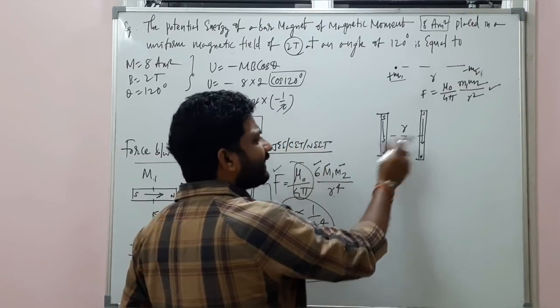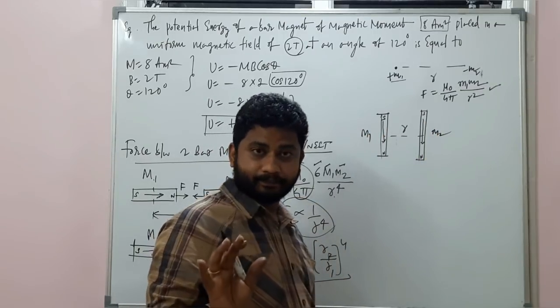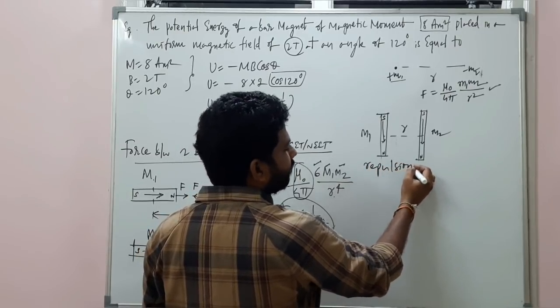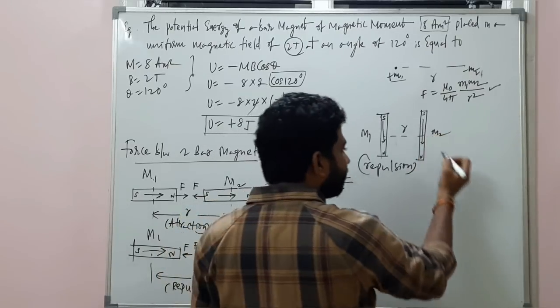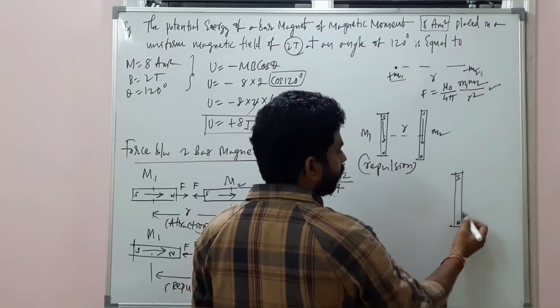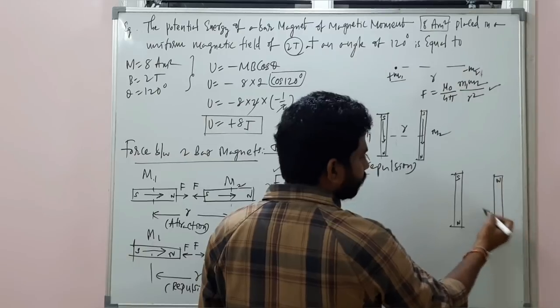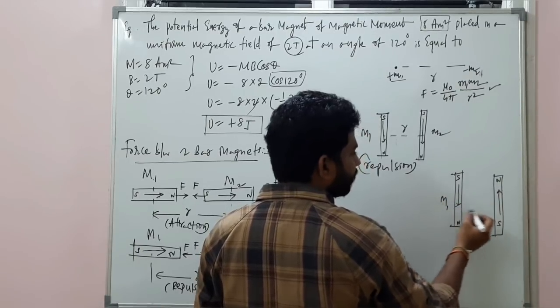As the directions of magnetic moments M1, M2 are same, they repel each other. You need to remember this. And here, south pole and north pole, and south pole, and the magnetic moment directions will be opposite here.